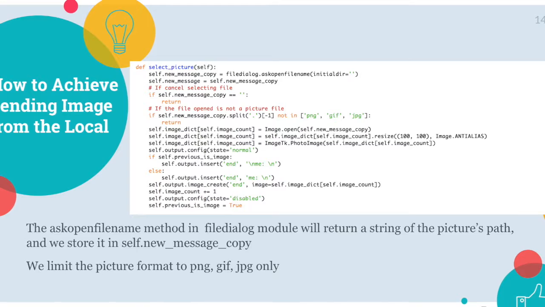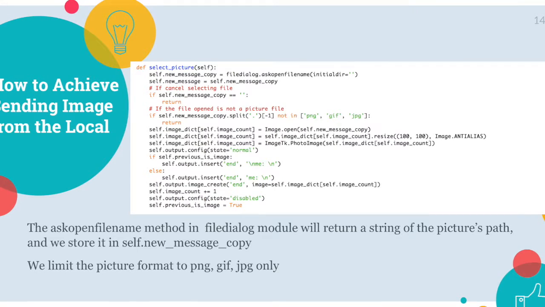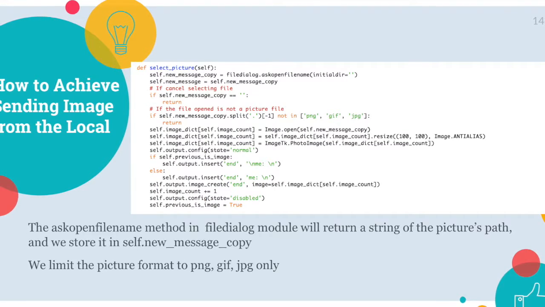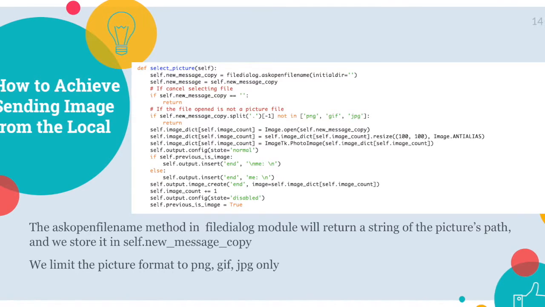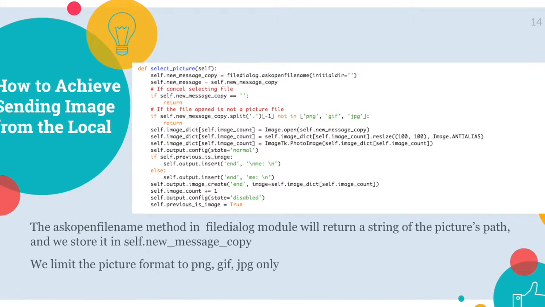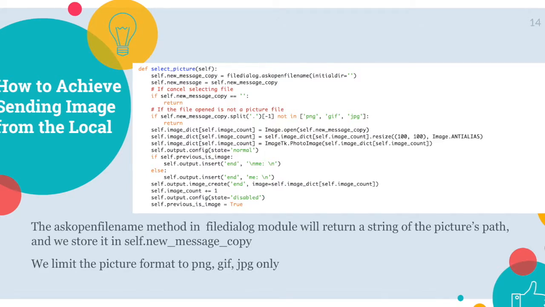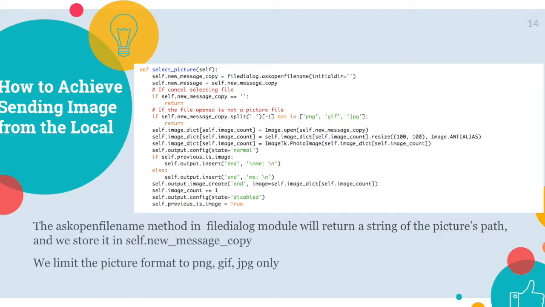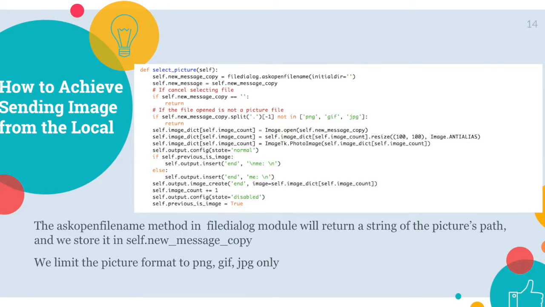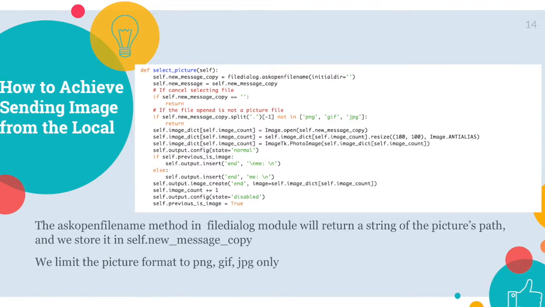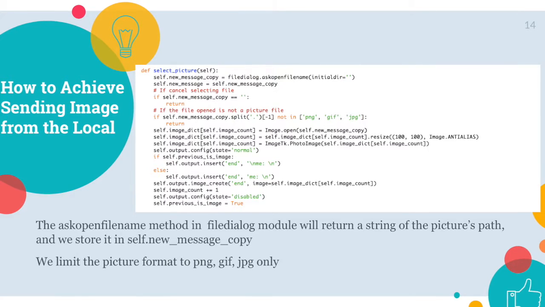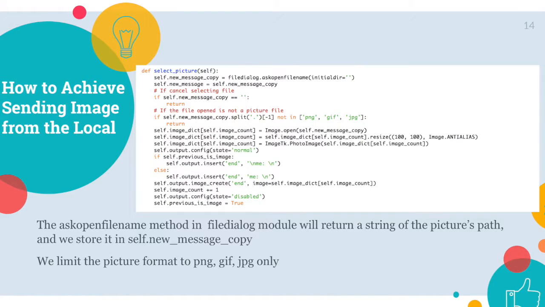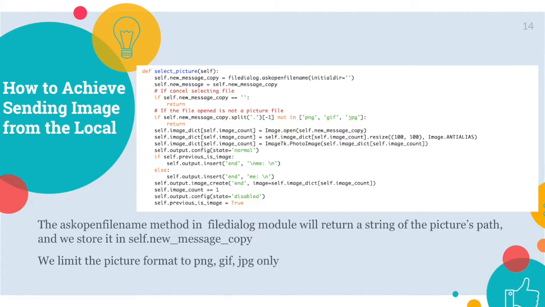The askopenfilename method in the filedialog module will return a string of the picture's path, and we store it in self.new_message copy. Also, we limit the picture formats to PNG, GIF, and JPG only, and append it to the image dictionary. This Image.open is from the Pillow module, and it creates a place for the image to be shown.